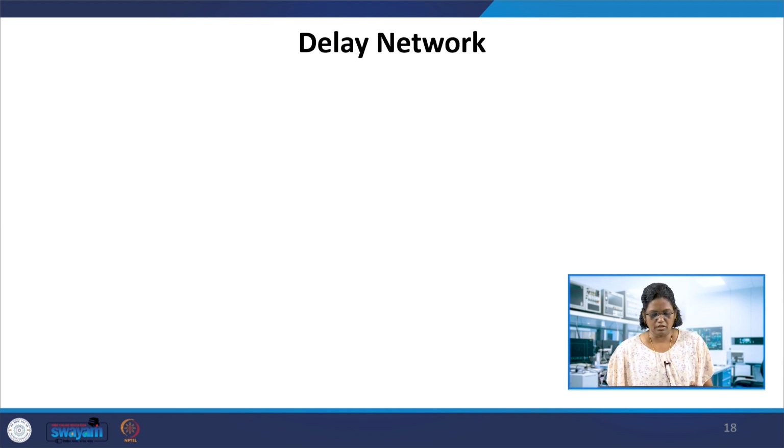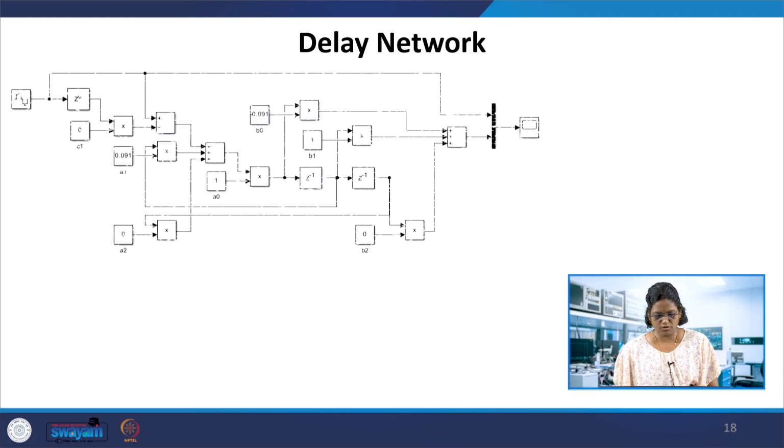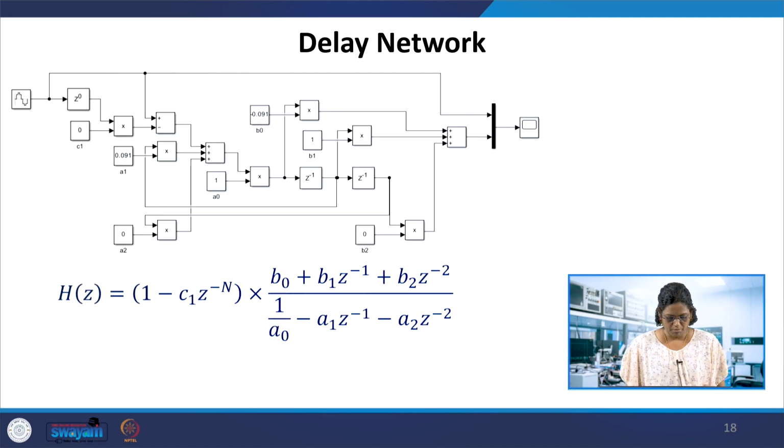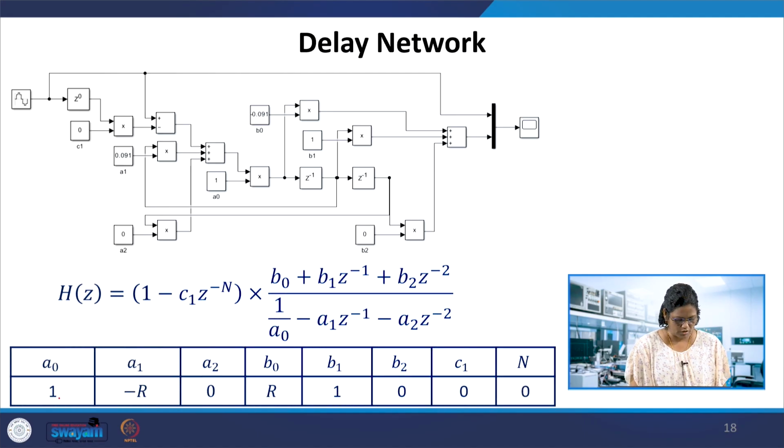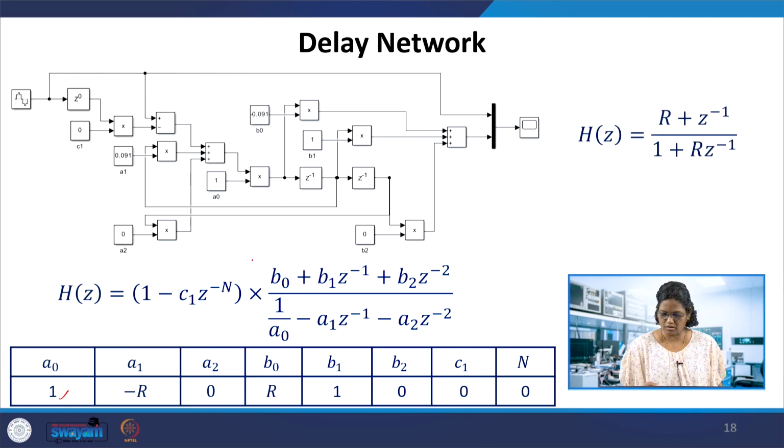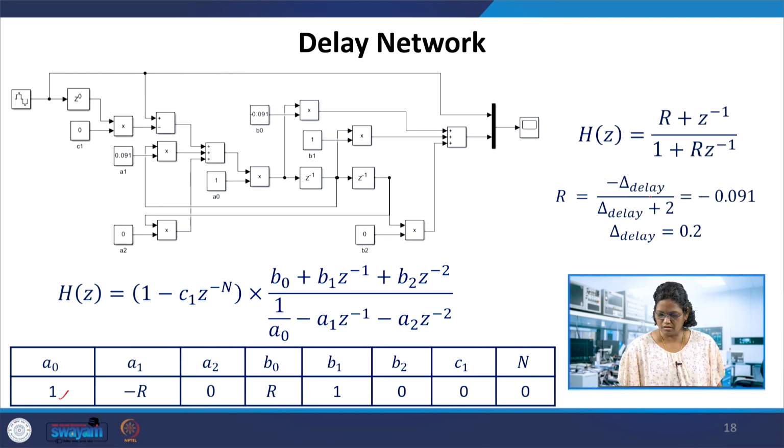If we look at the delay network, we can obtain a delay to the signal which is applied at the input. For example, in this case the coefficients have been chosen: A0 is 1, A1 is minus R, where R is related to the delay. It's a first order network. So, H of z, what we get from these coefficients, A2 is 0, B2 is 0, so these two parts will not come into the picture.